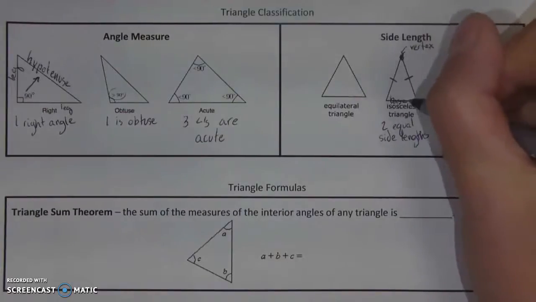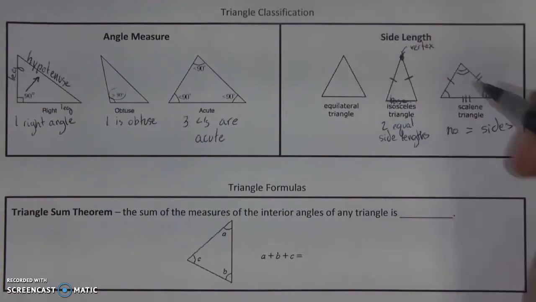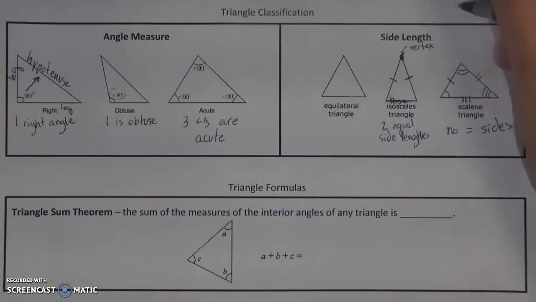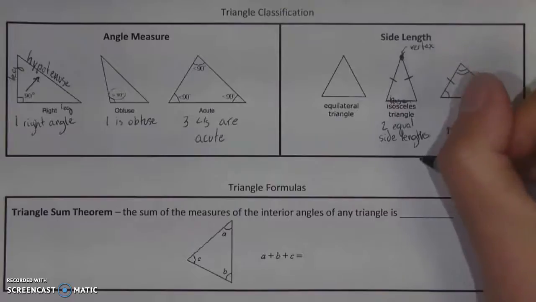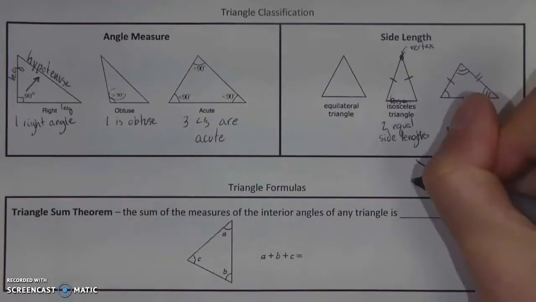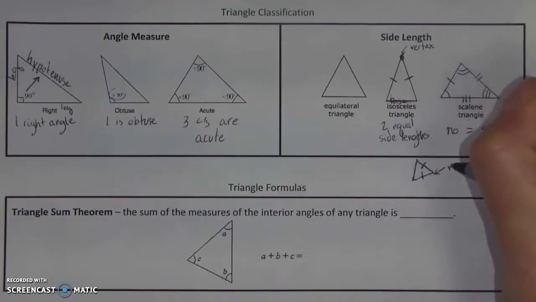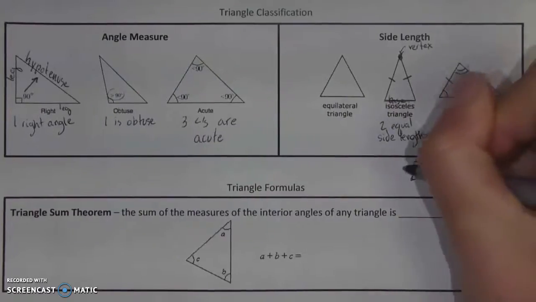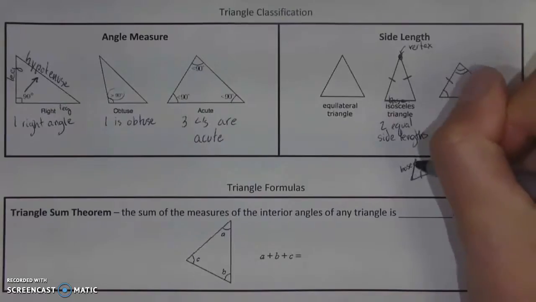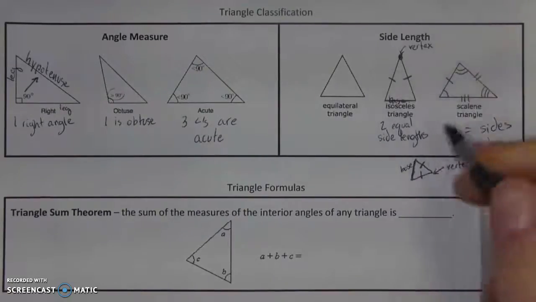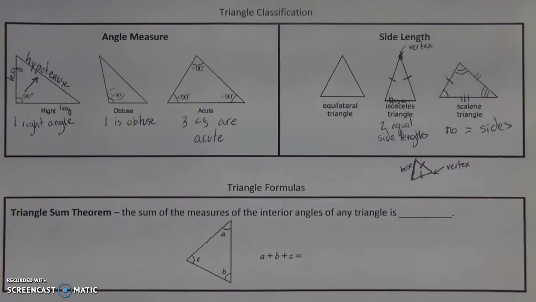And the base is just that non-equal side. So even if this ends up being a sideways triangle, like let's say I gave you guys this as your isosceles triangle, the vertex is still here, and the base is still here. Even though it doesn't look like it's on the bottom, it's still that non-equal side.